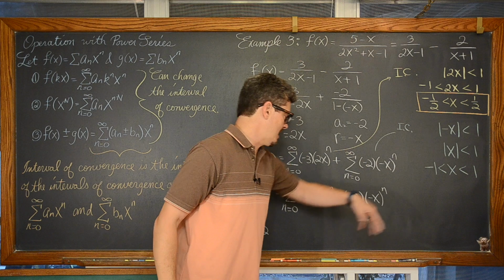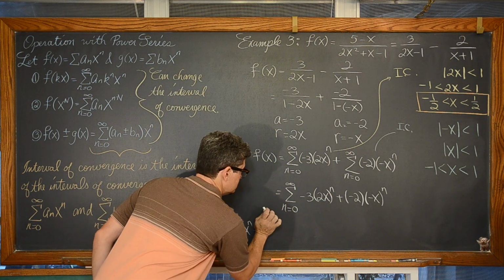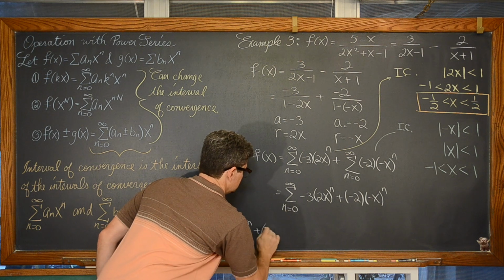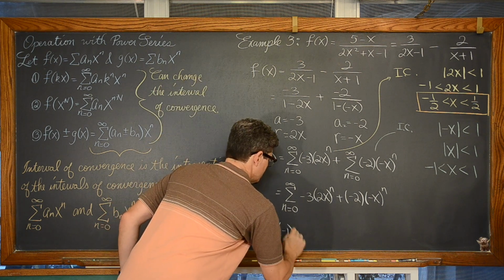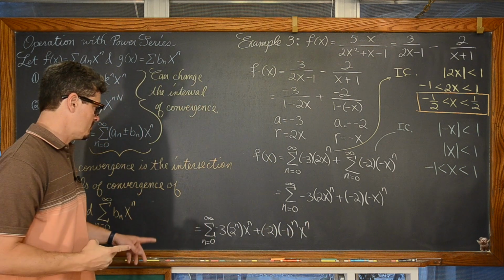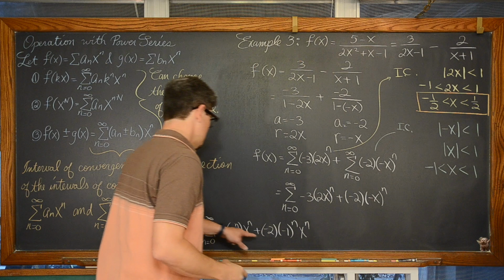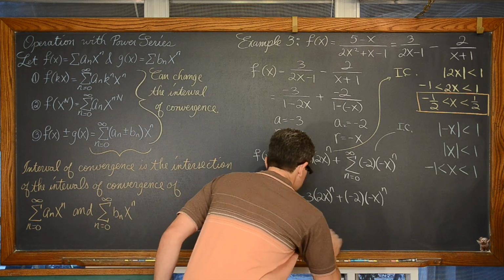I want that negative out of there. So we're going to write this -2 times (-1) to the n, x to the n. Okay.